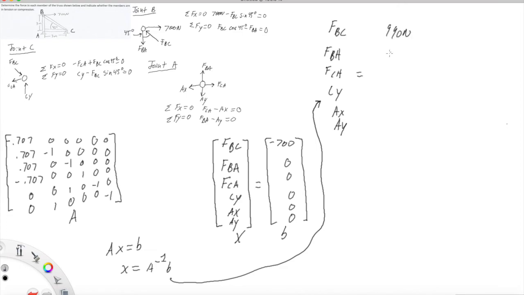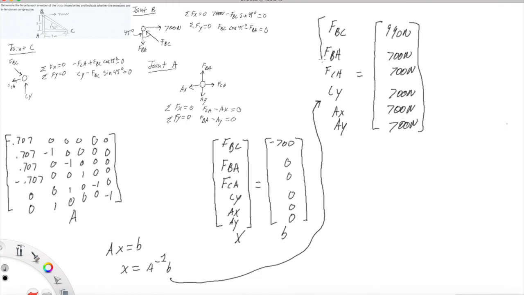So when we made these free body diagrams, we assumed that joint B was under compression because we drew the force FBC going towards the joint. And then we also assumed that the force FBA and the force of FCA, we drew those guys on the free body diagrams going away from the joints.